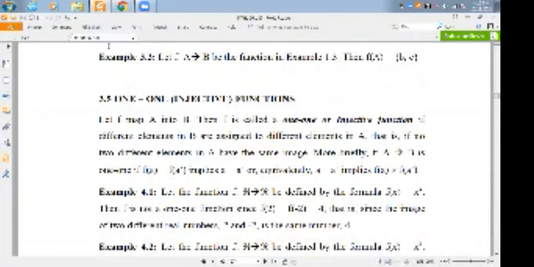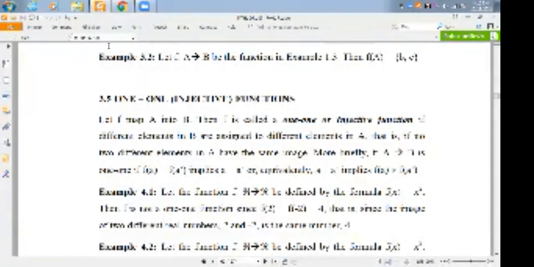Then we have another type of function or mapping, which is called one-to-one mapping or one-to-one function, which you can also refer to as injective. It's either you call it one-to-one or you call it injective mapping. One-to-one is when no two elements in the domain have the same element in the codomain.